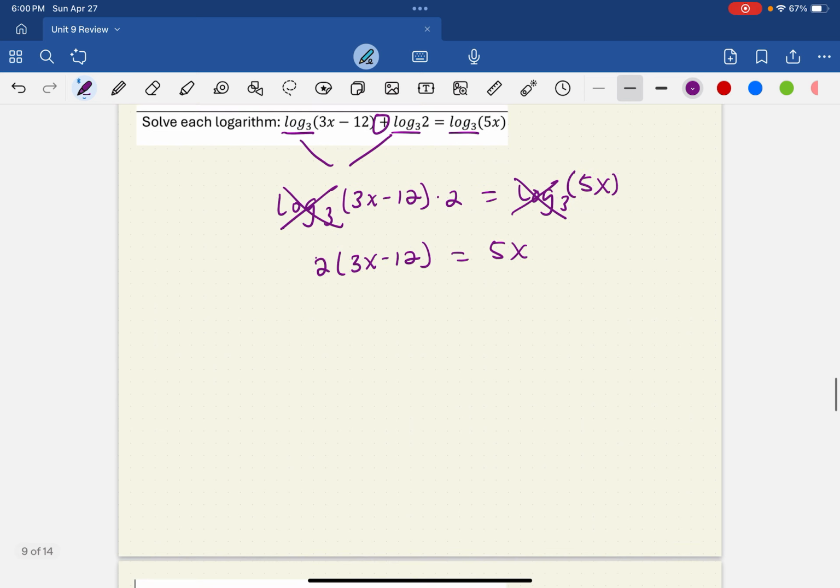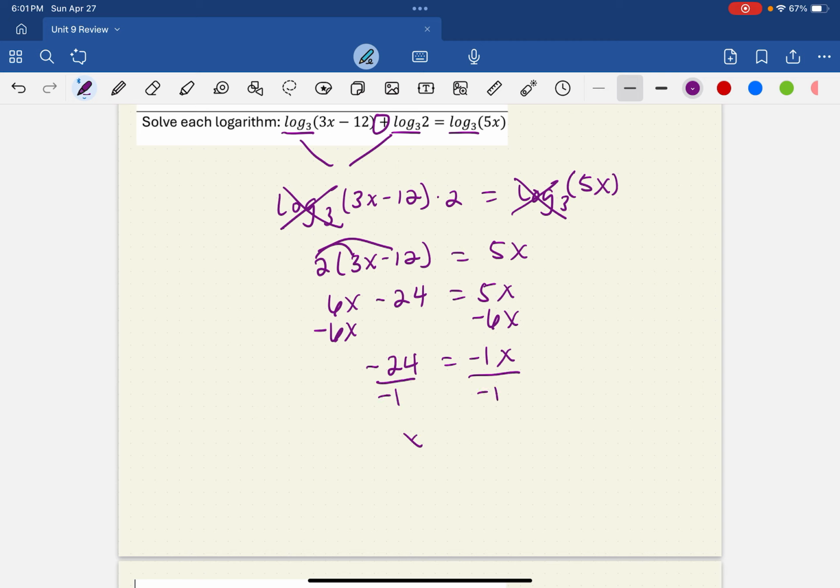So next we distribute. So 6x minus 24 equals 5x. Move variables to one side, constants to the other. So I'm going to minus 6x on both sides. I've got negative 24 equals negative 1x. Divide by negative 1, divide by negative 1, and we get x equals 24.